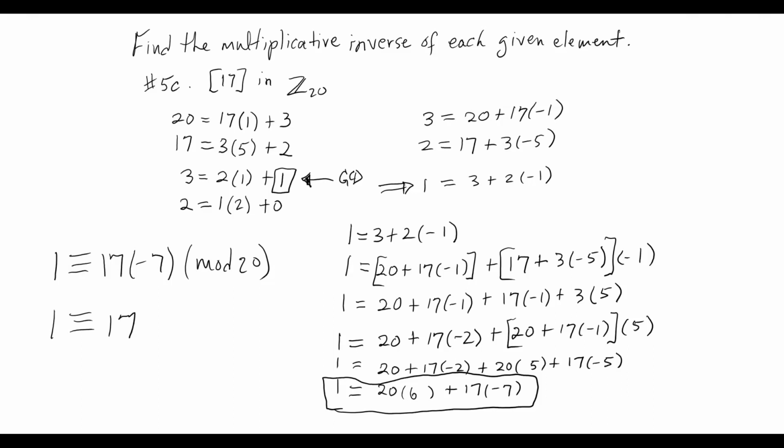If I add 20 to negative 7, I end up with 13. So because 17 and 13, when you multiply them together in Z20, give 1, we know that the inverse of 17 is 13.